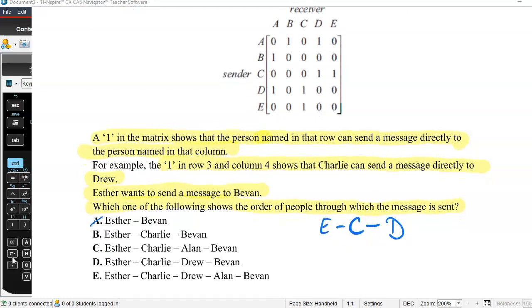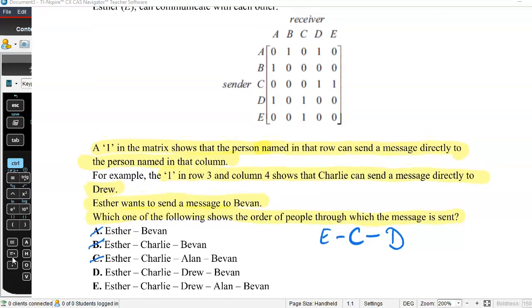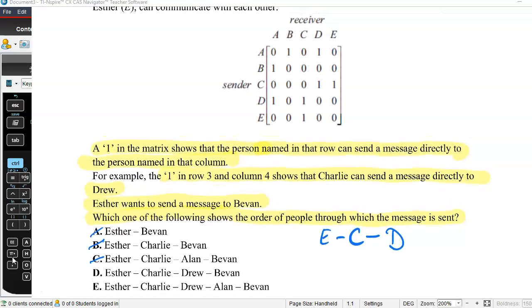So let's get rid of that one and that one, because Charlie can't talk to Bevan either. So now the message is with Drew.